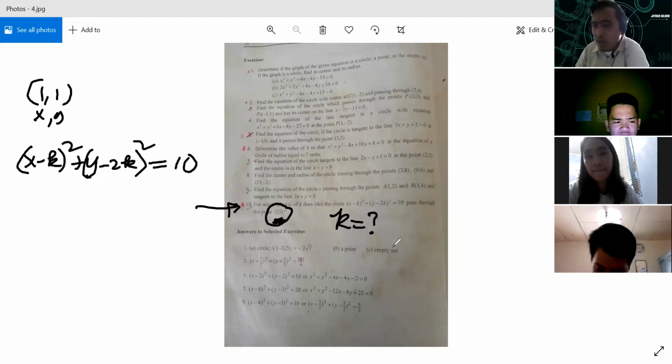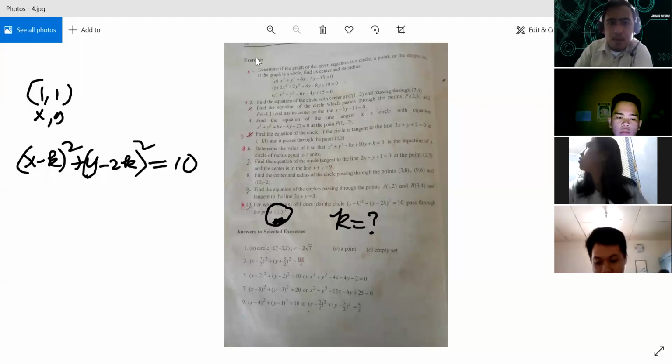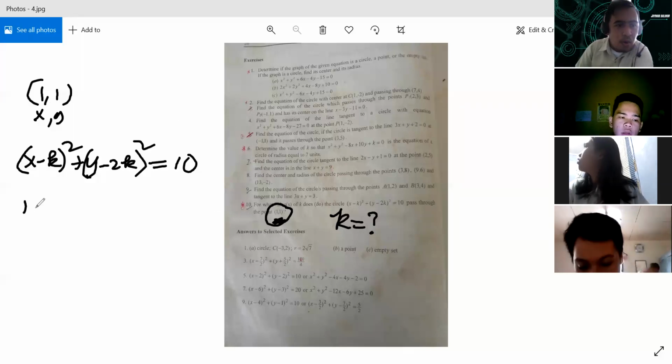Dili lisod nga problem, sayon ra. Imo ra i-substitute si x dinhi, si 1 rather, si y dinhi. So if you will do that, it will be now 1 minus k's quantity squared, right?